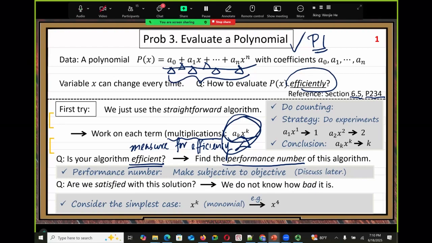If we use our old way to calculate, because our a_k becomes 1 when we calculate x to the fourth, we can save one multiplication. We do not need to do a_4 times x to the fourth.